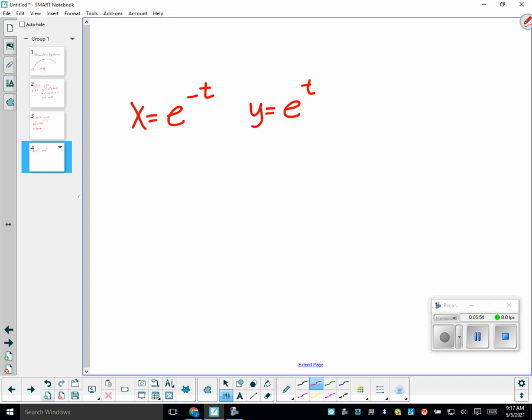I don't have to solve this for t, because do they both contain e to the t? Yeah.